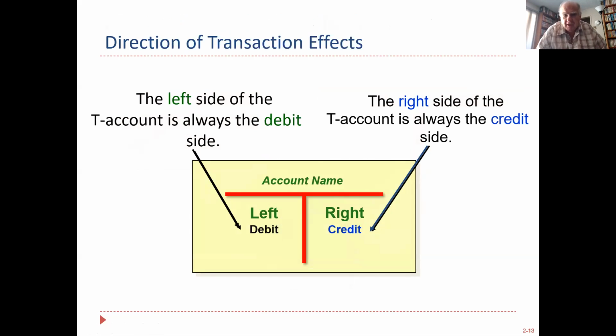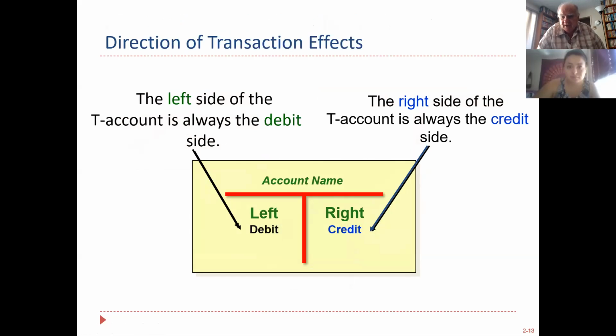So a couple of rules now. The T account, you're going to have one for every one of those folders. You'll have one for cash. You'll have one for notes receivable, wages expense, etc. The left side is the debit side, and the right side is the credit side. That's all debit and credit means.